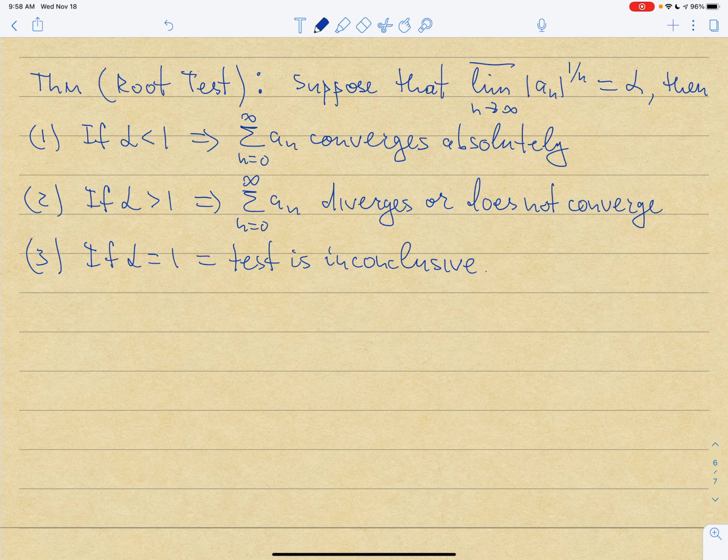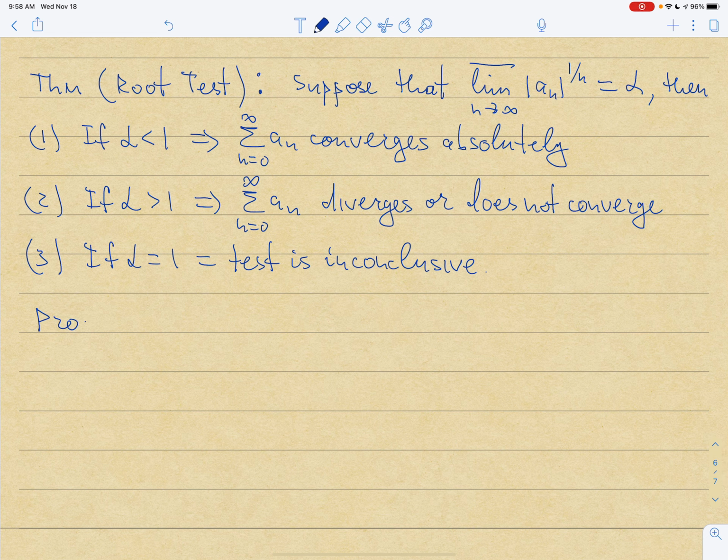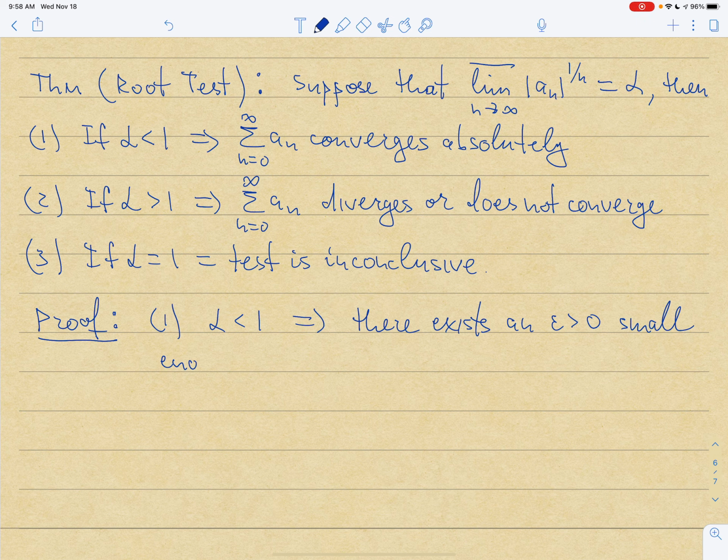And we need to consider 3 different cases. So proof. Case number 1 is alpha is less than 1, right? So if alpha is less than 1, then there exists an epsilon greater than 0 small enough so that alpha plus epsilon is still less than 1, right?